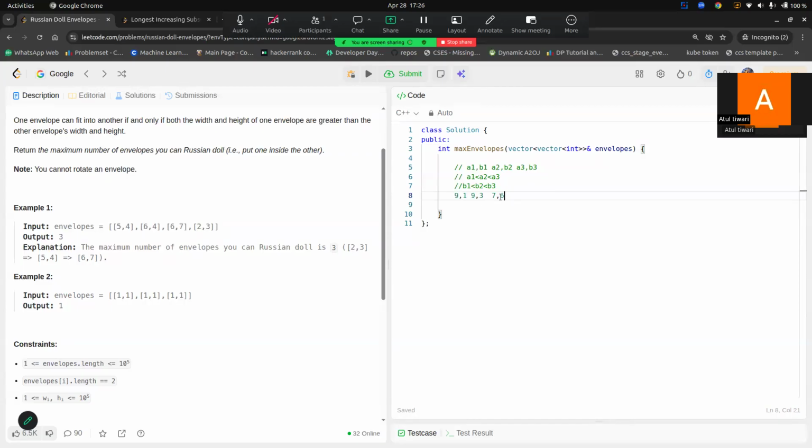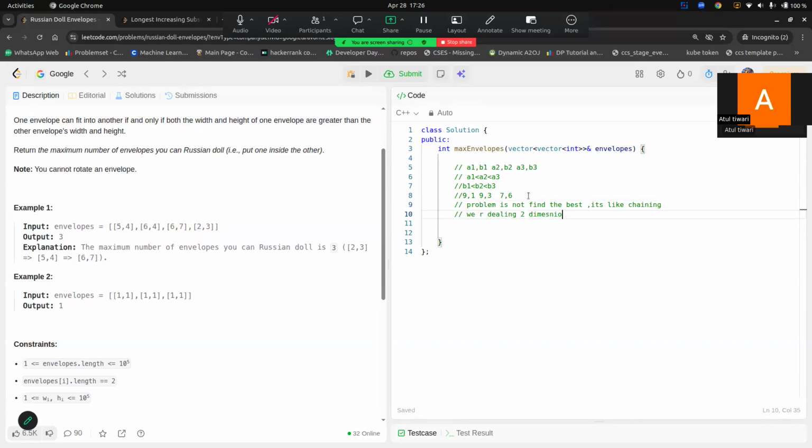So 7,6 is better, something like a square. But the problem is not to find the best. It's like chaining, and we are dealing with two dimensions.